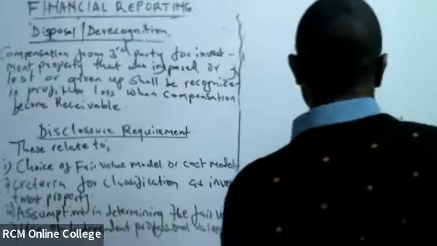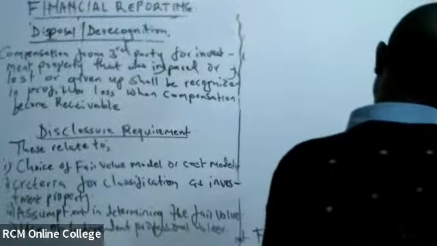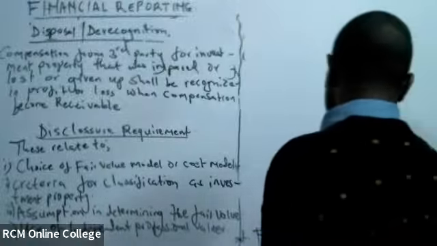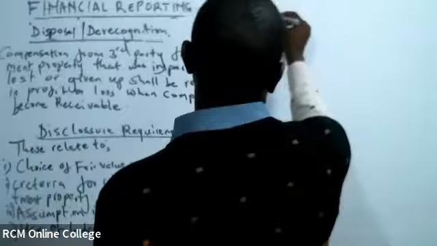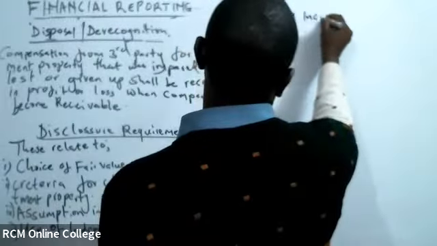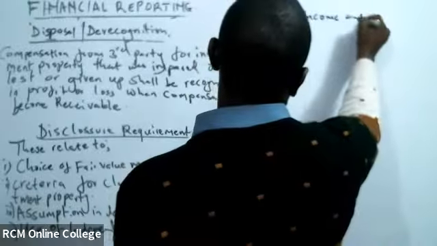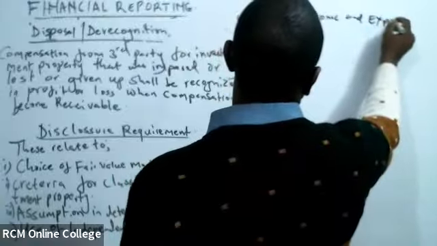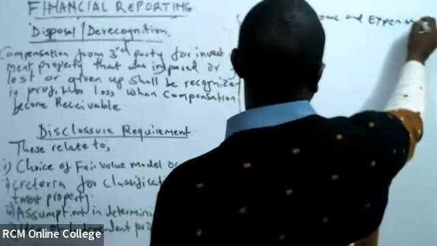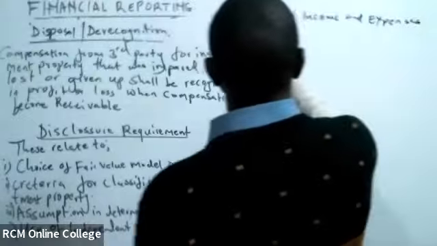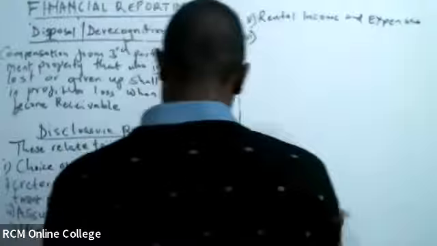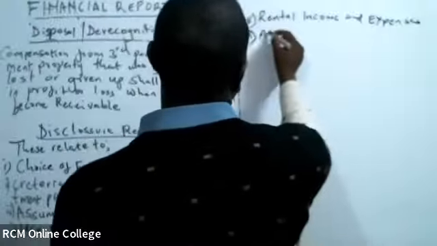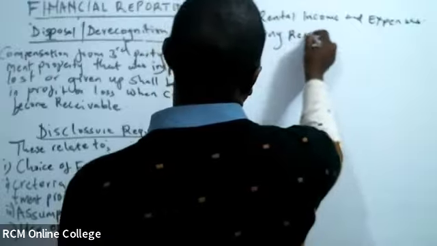Something else that you need to disclose as an entity is the rental income and expenses. How much are you getting? Rental income and expenses should also be disclosed. And the last one is any restriction or obligation.